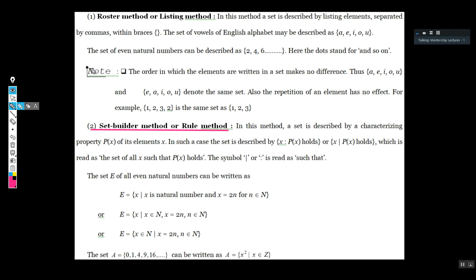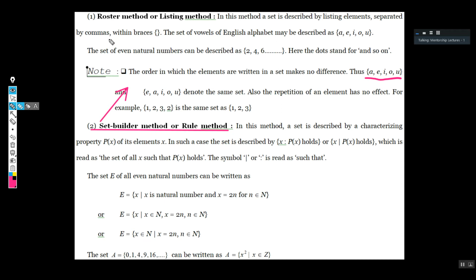For example, I want to represent A, E, I, O, U, the vowels in the English language. If I want to represent it in the rule method or set builder form, how do I represent it? That's what I'm writing now.